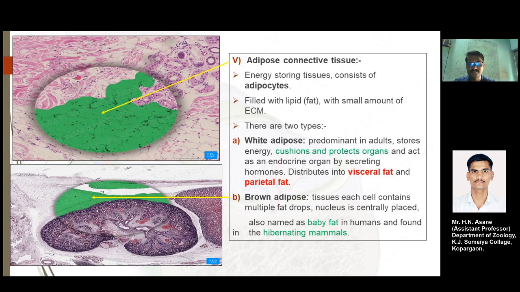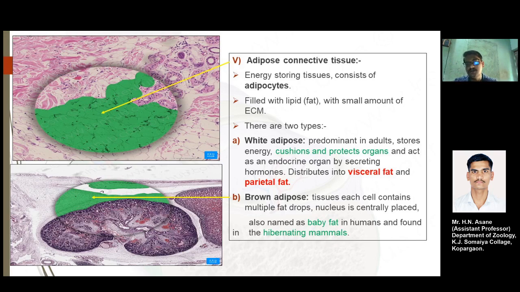The nucleus is centrally placed, and you can see the big nucleus in the slide, the TS of this brown adipose tissue. The brown adipose tissue is also named baby fat. This is a very interesting concept about baby fat.